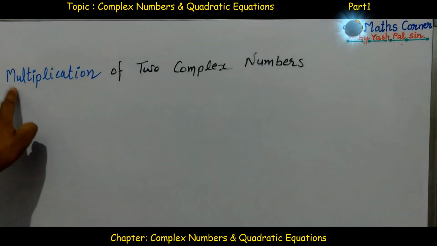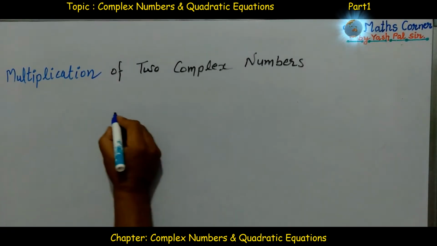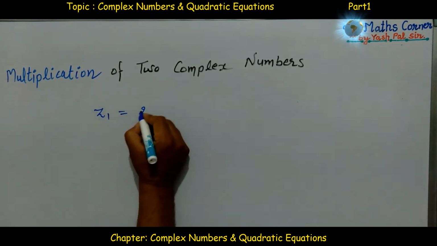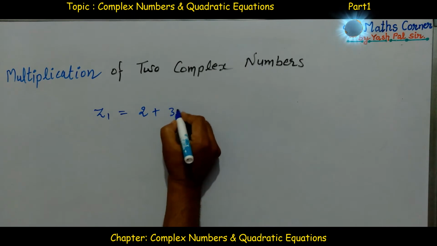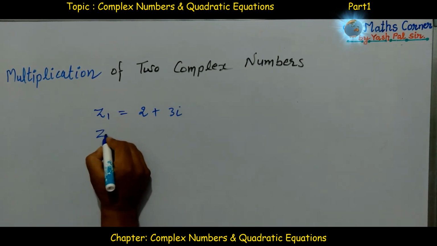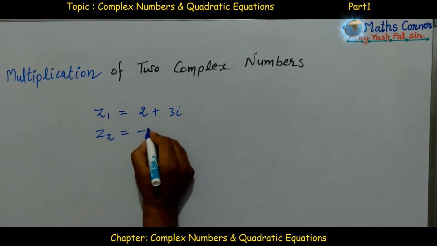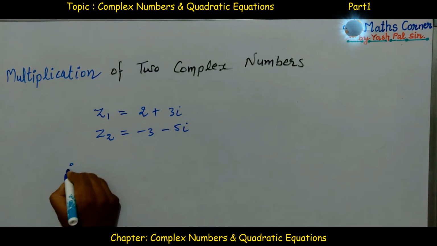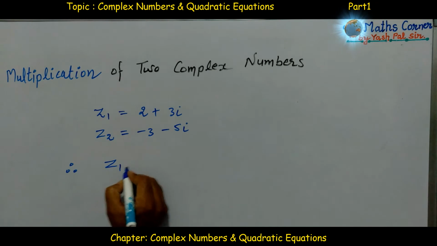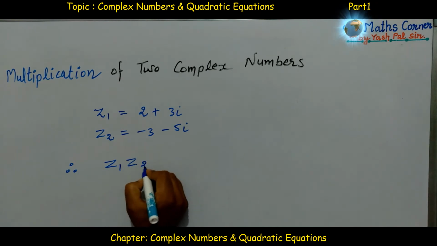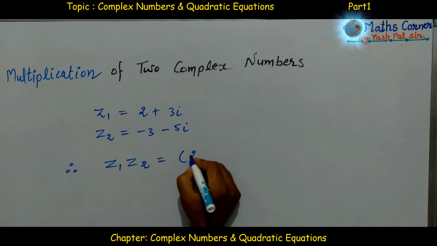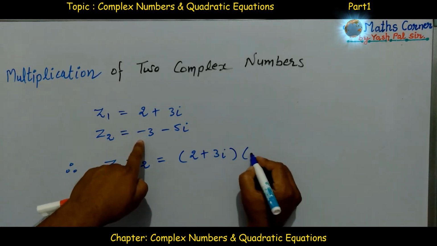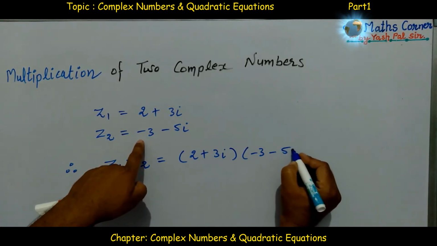Now multiplication of two complex numbers. Suppose again z1 is equal to 2 plus 3 iota and suppose z2 is another complex number, minus 3 minus 5 iota. So how to multiply? We write it this way, z1 into z2, that is equal to 2 plus 3 iota into minus 3 minus 5 iota.